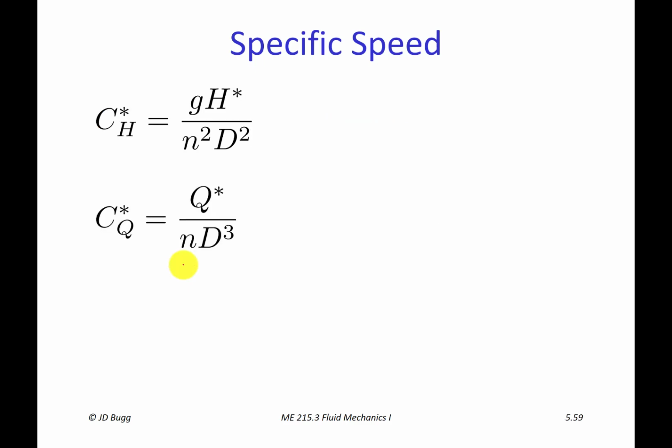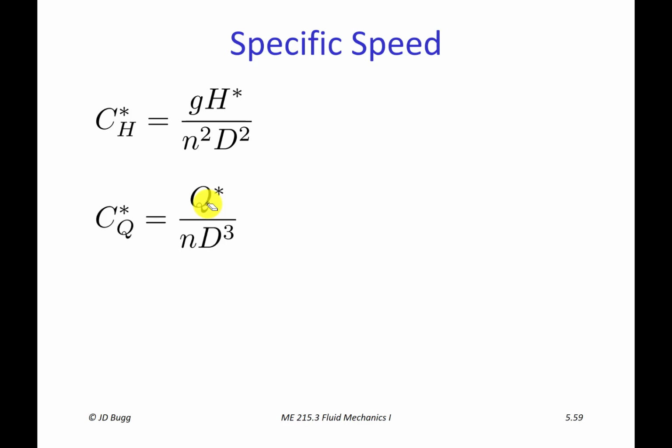What we want to recognize first of all is that we're interested in the characteristics of this pump at its best efficiency point. Here I'm showing the head coefficient and the capacity coefficient, but you'll notice the H and the Q have a star, meaning we're at the best efficiency point. This specific speed is based on performance at the best efficiency point, because hopefully that's where we're operating the pump.